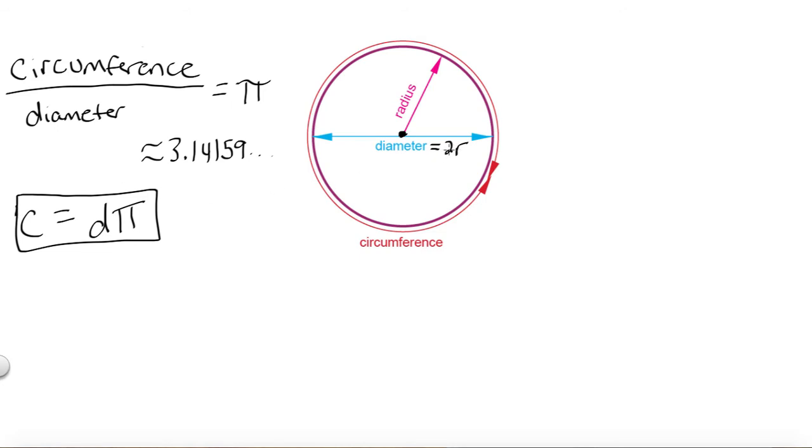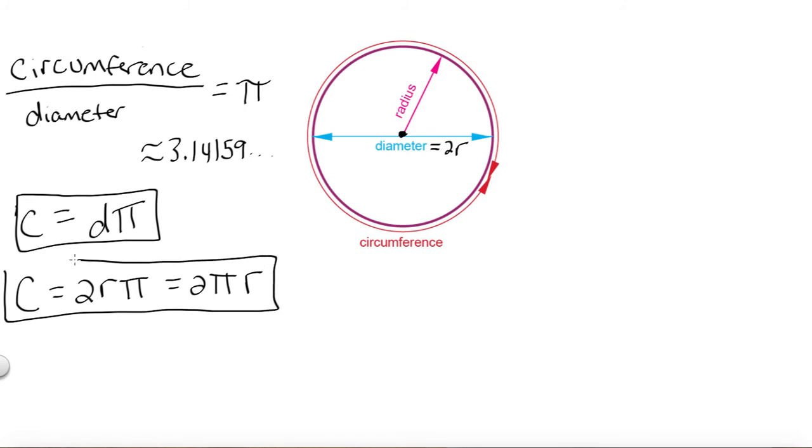If I know that 2 times the radius is the diameter, instead of using diameter, I can use 2 times the radius, which means that the circumference is also 2 times the radius times pi, which is rewritten as 2 pi r. So these are 2 formulas that are derived that can be used to find the circumference of a circle.